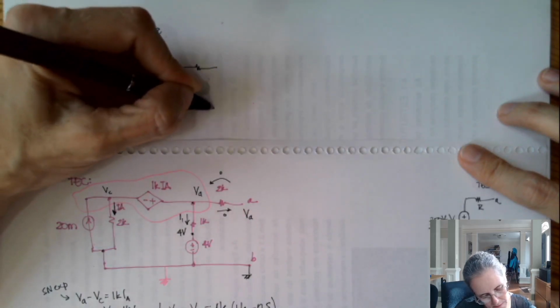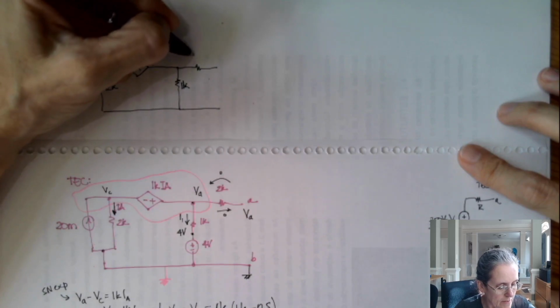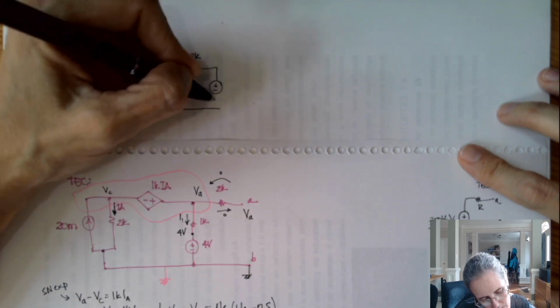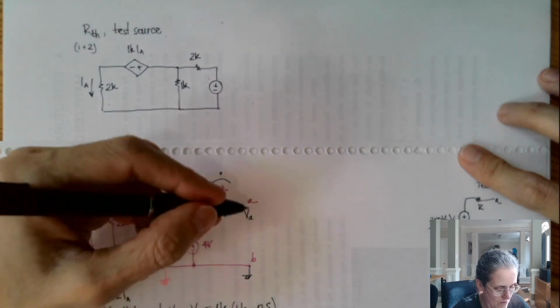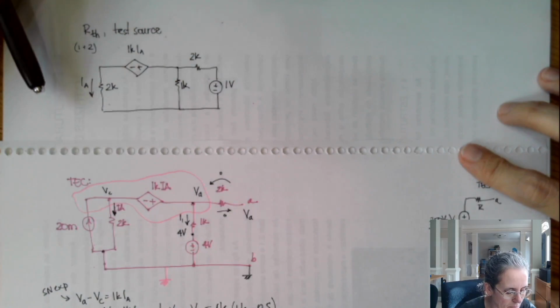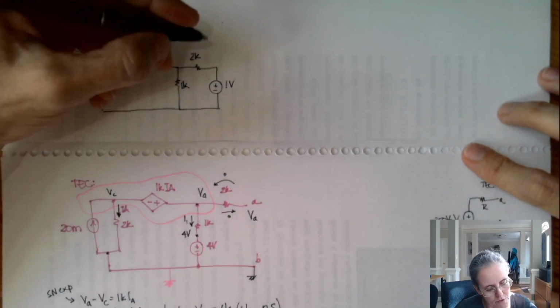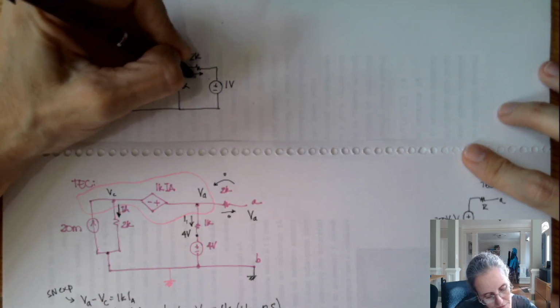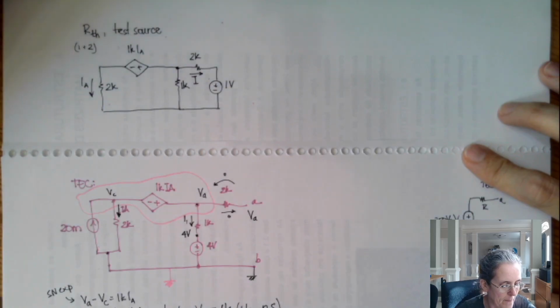And now there's 2K here, and I could either add a current source or a voltage source, and because there is a resistor there, I am interested in doing a source transformation, but later I will still have to come back and find this I here.